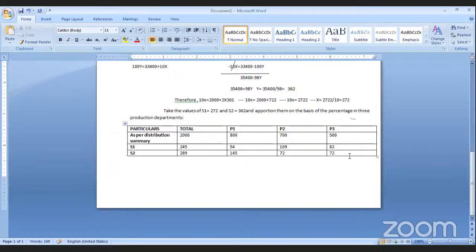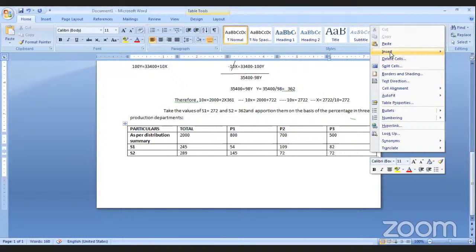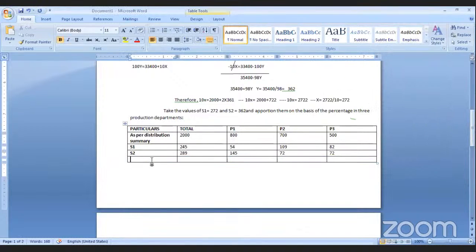Now at the end again we have to mention the totals also. Total, how much here? 2000 plus 245 plus 289. Is it 2534? Okay, right.